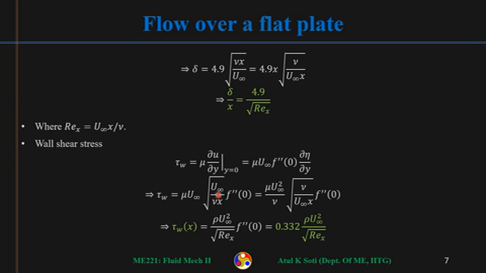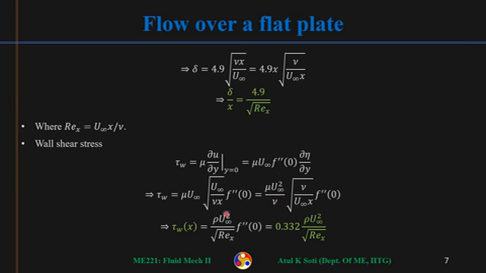Okay, then again I try to keep Re here, so I multiply and divide by u infinity by nu. So this u infinity will come out, so I'll get mu into u infinity square upon nu, and then this. And then this is now 1 over square root of Re_x, and nu is simply mu by rho, so mu will cancel and there will be a rho.